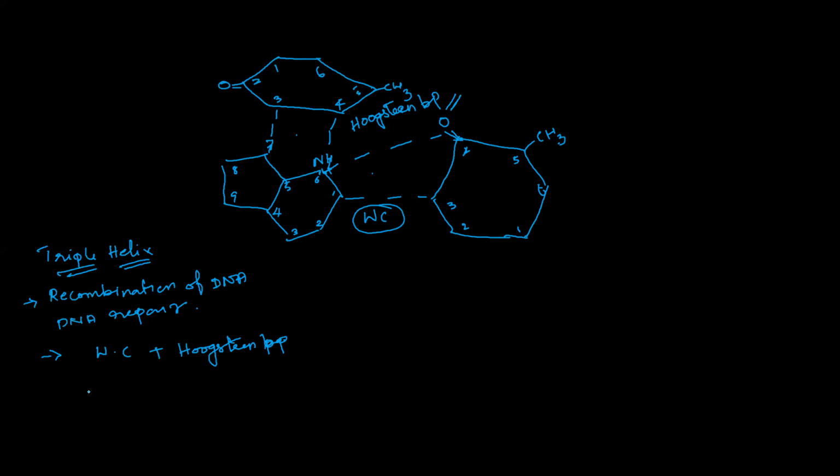For example, if a purine, as I just showed, the adenine is going to base pair with thymine by Watson and Crick, and it is going to base pair with another thymine using the Hoogsteen base pairing.